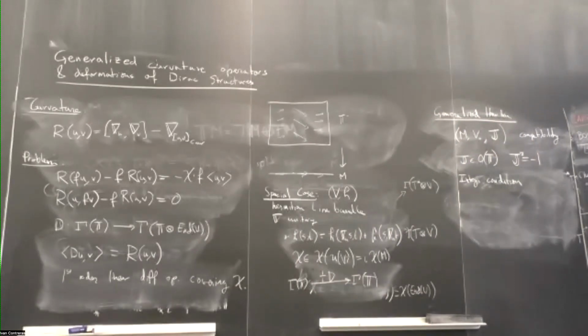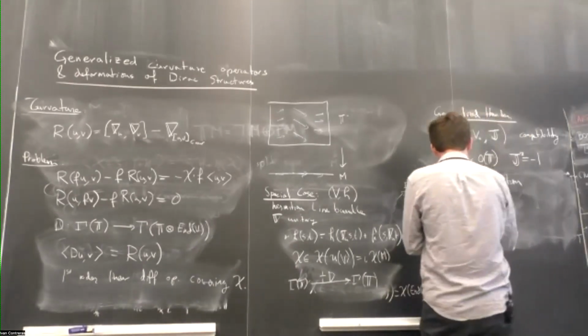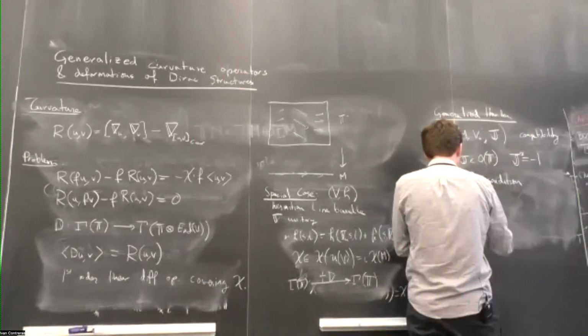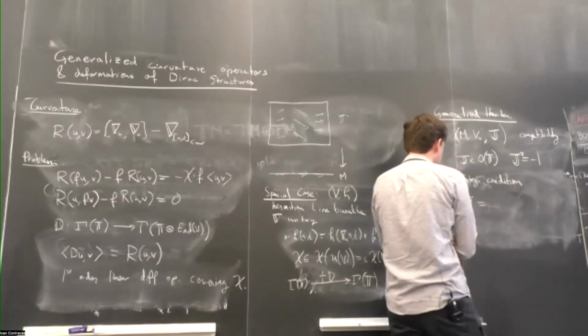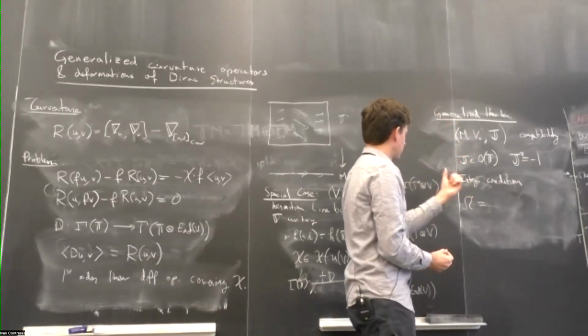And so what do you get in this case? Well, the spinors, the differential forms on M, they decompose because of this J operator.